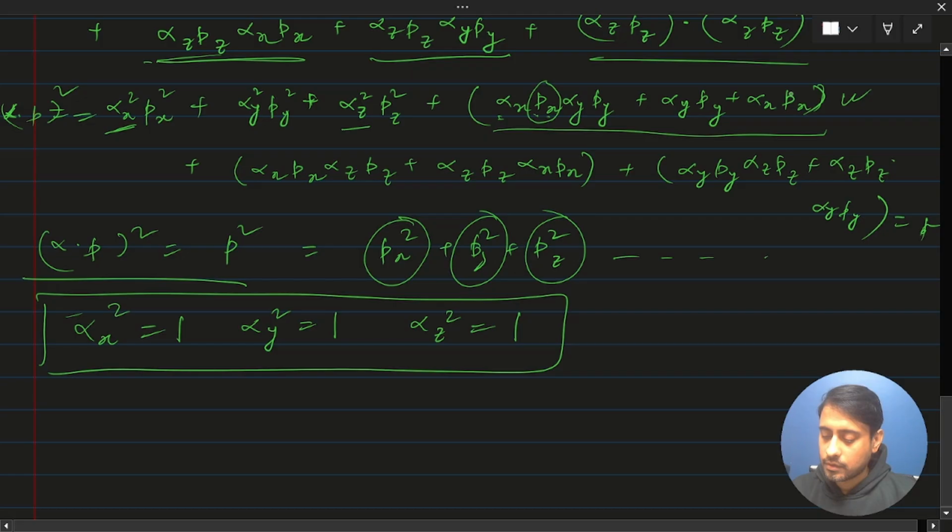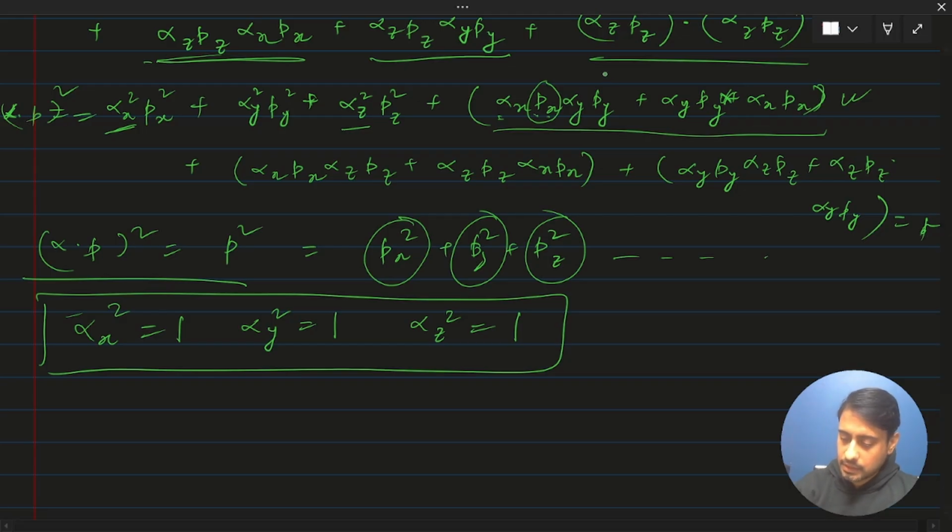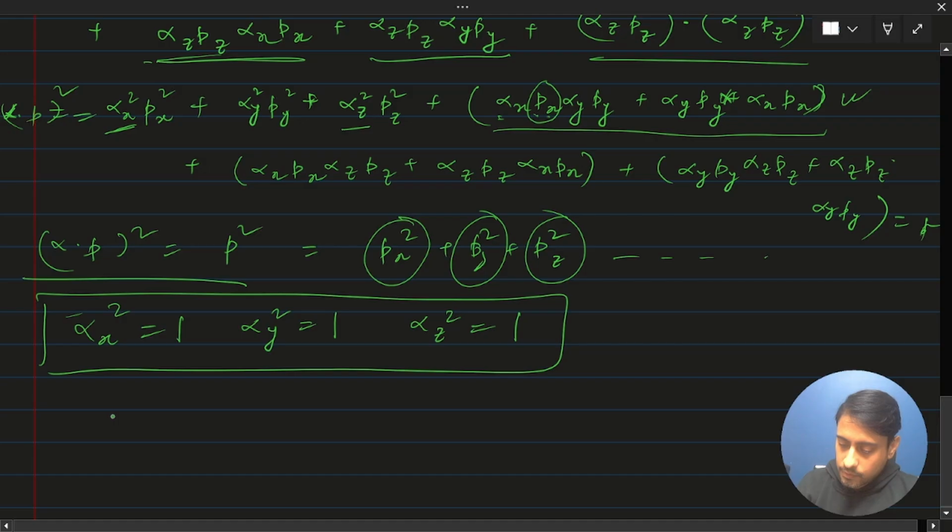Similarly, no, this is not plus, this is a multiplication sign. There may be some mistake. So we can take out px and py, and py and px, to the left hand side. Let's just write this bracket separately. If I take px and py outside the bracket, what do we get?